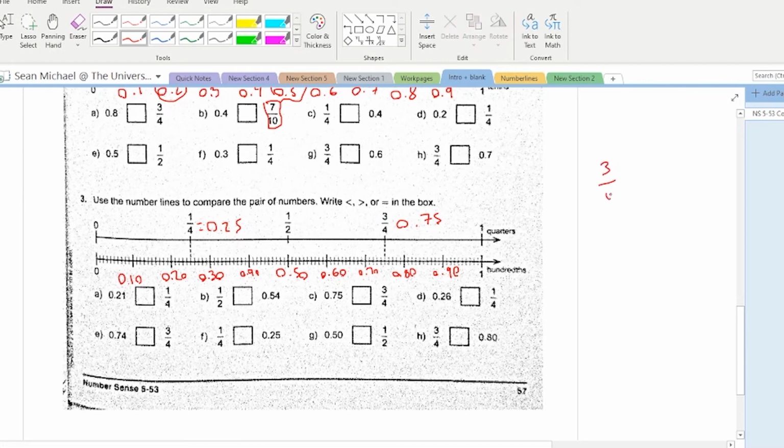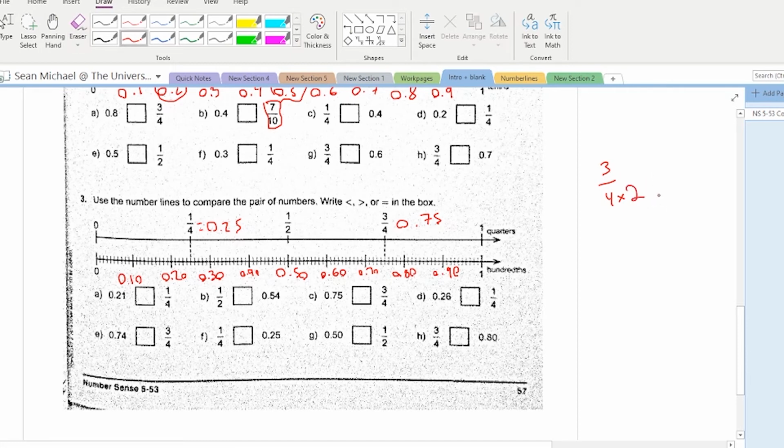3 times 4, well, the only thing that will make this into a 100 or a tens or 1,000 is if we times it by 25. Now we could actually times it by 2.5, but that is getting way too complicated for this.